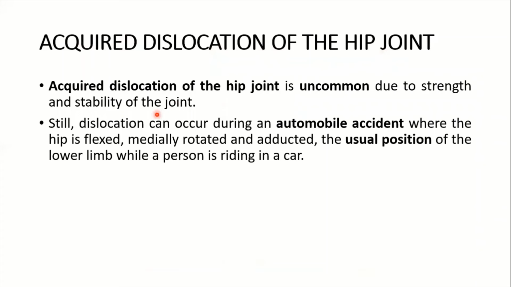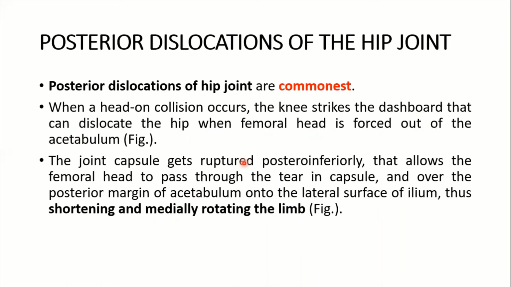Acquired dislocation of the hip joint is uncommon due to the strength and stability of the hip joint. Of course, we know that this is the strongest joint in the body with the most possible movement. Still, dislocation can occur during an automobile accident where the hip is flexed, medially rotated, and adducted, the usual position of the lower limb while a person is riding a car.